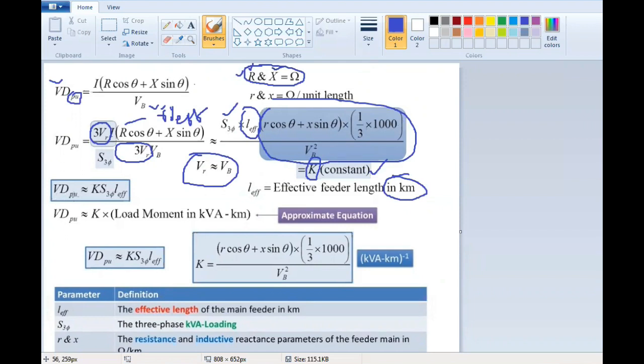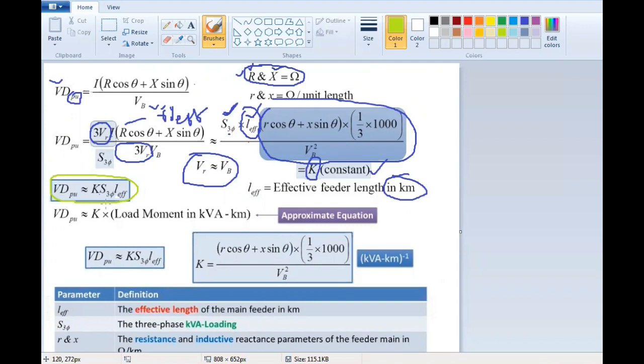Now VD per unit equals S 3-phase into L effective into K. Only 3 terms are there: L effective, S 3-phase, and the entire expression is replaced with K. So this is the final expression: VD per unit is approximately equal to K S 3-phase L effective. We take it as approximate because earlier in the triangle we avoided a small portion. Also, the angle between the sending end voltage and receiving end voltage is taken as 0 degrees.